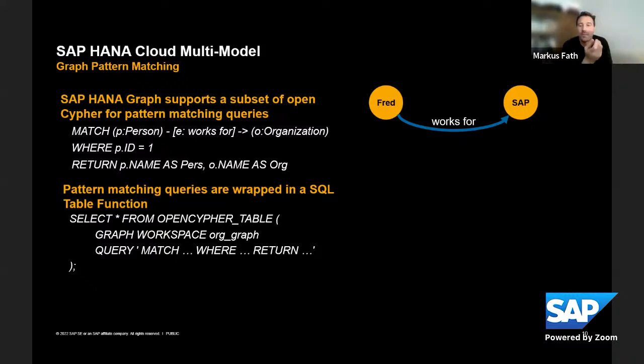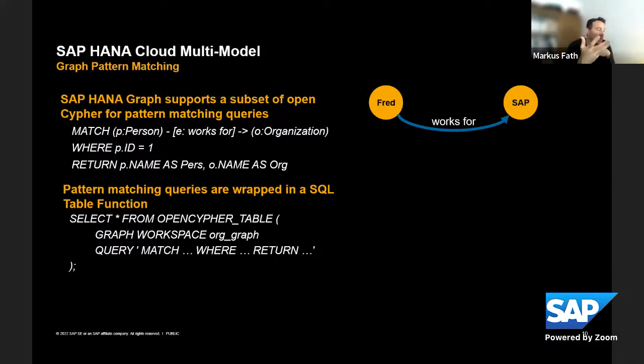And the match clause basically lets you describe the structure, the topology of your query graph. So in this case, I'm looking for a person which is connected to an organization by an edge which is labeled works for. So I'm looking for that pattern that you see here on the right-hand side.